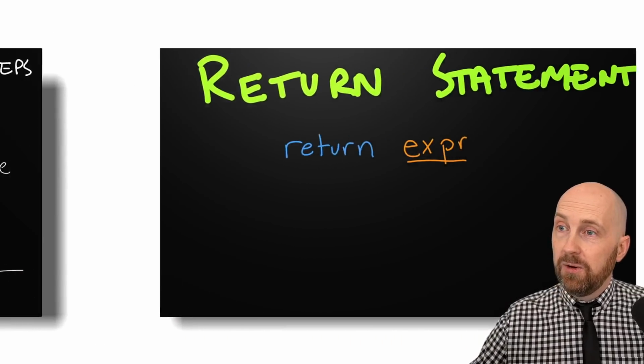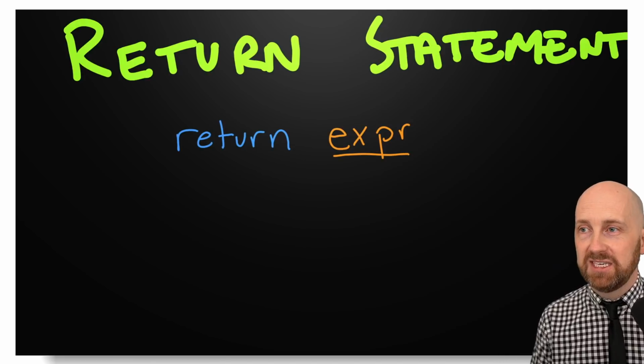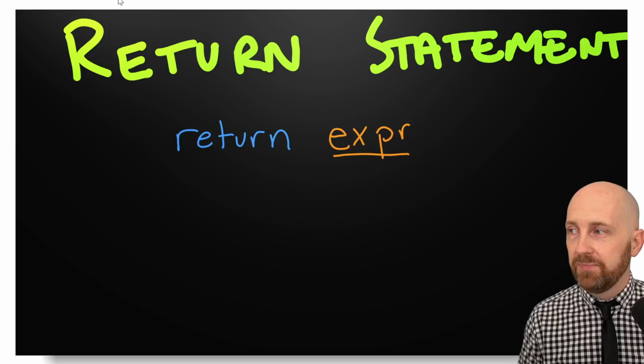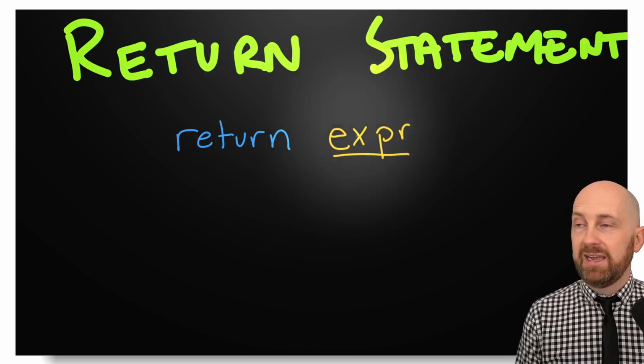that are worth knowing and driving home and emphasizing, because the return statement is different from any one you've seen prior. So the return statement syntax is the return keyword followed by an expression.